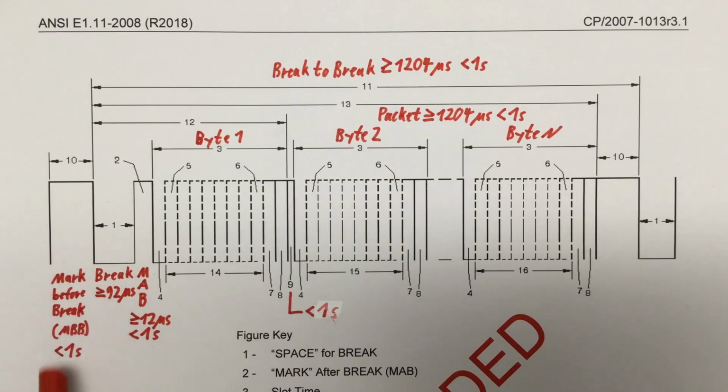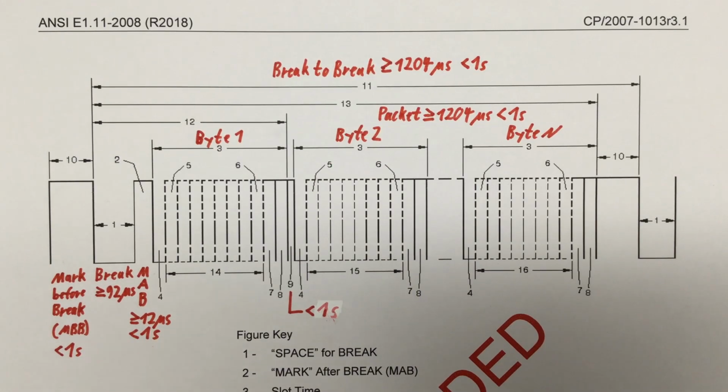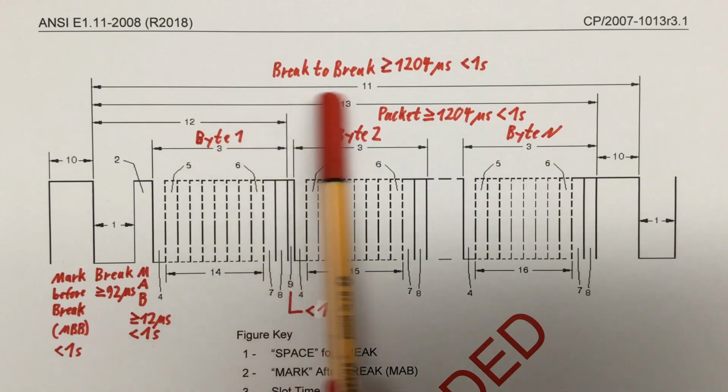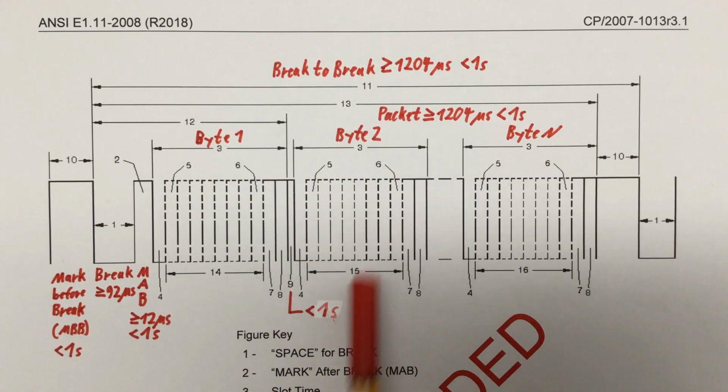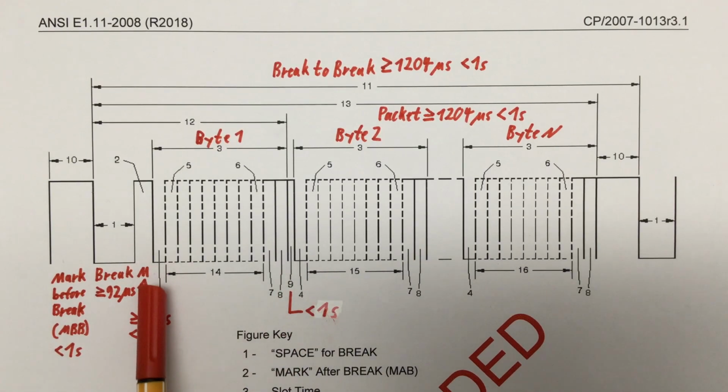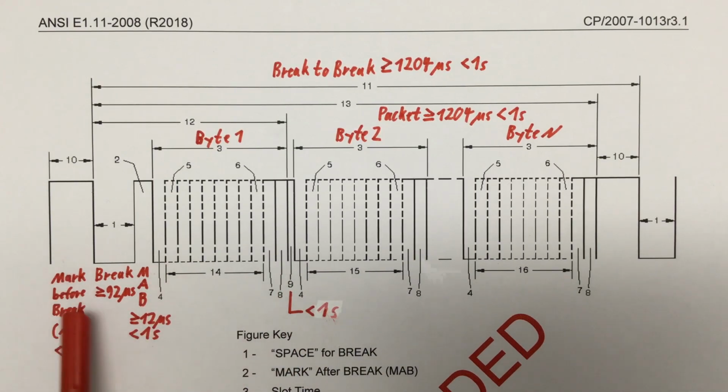Remember, the mark before break can be 0 seconds long. The maximum time for break to break and for a packet prevents you from going crazy about pauses between the bytes, the mark after the break and the mark before break. Creating the break requires some creativity when programming.